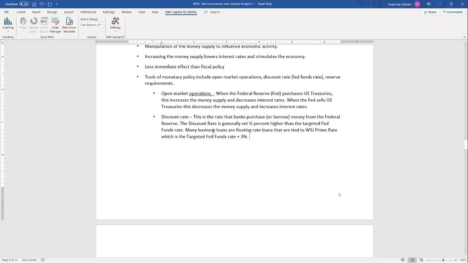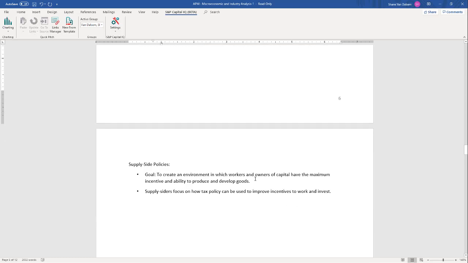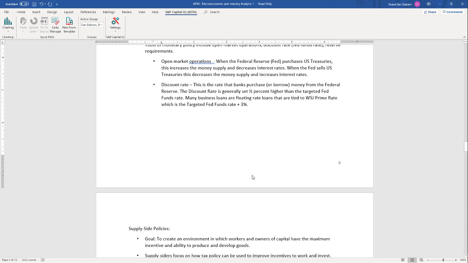When I worked in commercial lending, most of our business loans were floating rate loans that were tied to the Fed funds rate. So that kind of covers demand side policies.